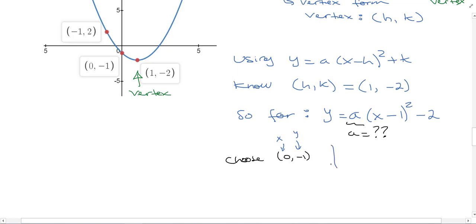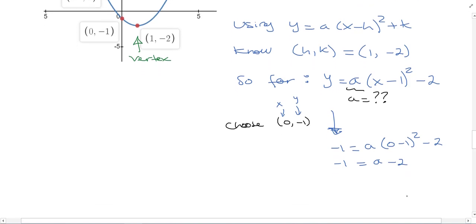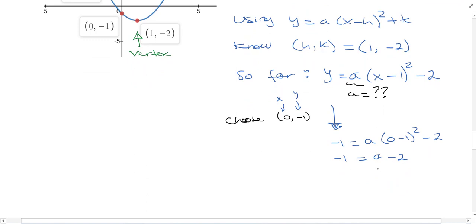So that means that from this step, I'm going to have y, so negative 1 equals a times (x, which is 0, minus 1) squared minus 2. So I have negative 1 is equal to a times 0 minus 1 is negative 1, squared is just 1, so a minus 2. Add 2 to both sides, so a is 1.